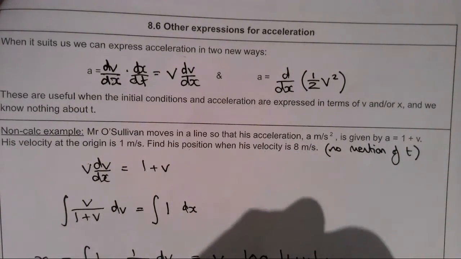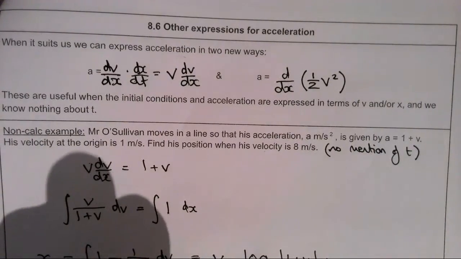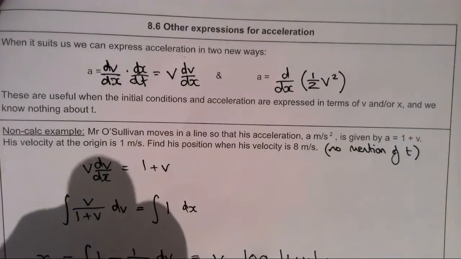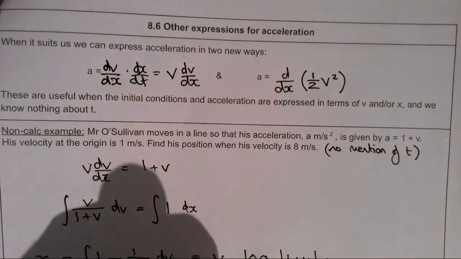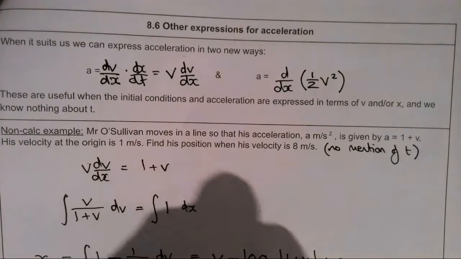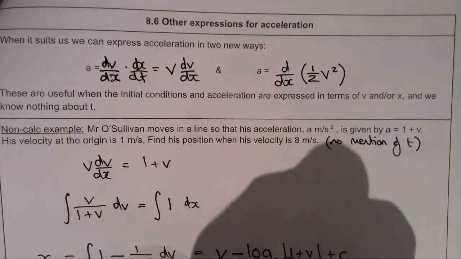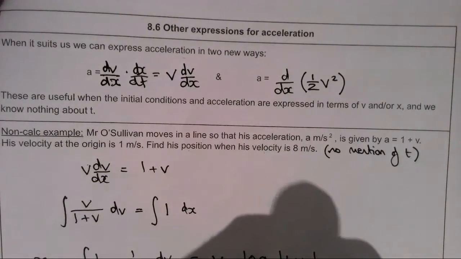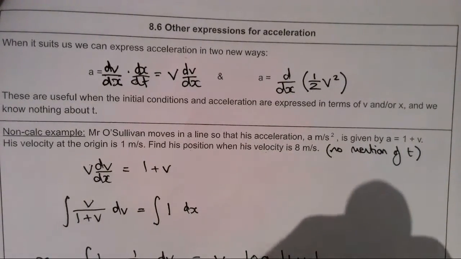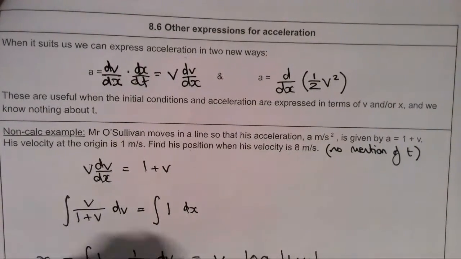So here's my expression. I'm going to take it back to the initial conditions, which was that when he left home, he left with a velocity of 1 meter per second. And I'm going to substitute that in. So 0 equals 1 minus log of 1 plus 1 is 2 plus c. So c is log 2 minus 1.